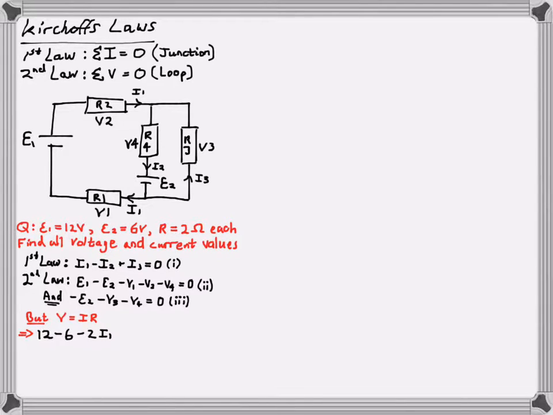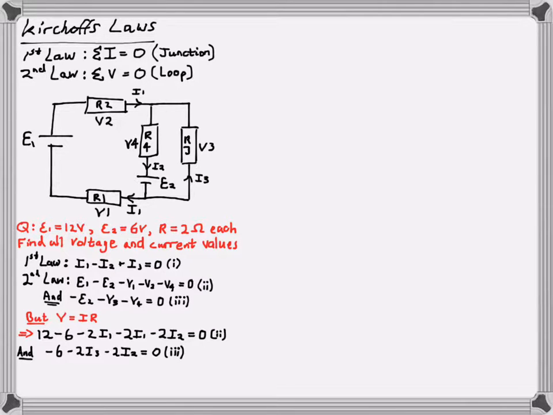And then I can do that for my other voltage values as well, and I get the following. So I've just substituted my voltage values in equation 2 using Ohm's law. And if I do that for my other equation, equation 3, then I get the following.